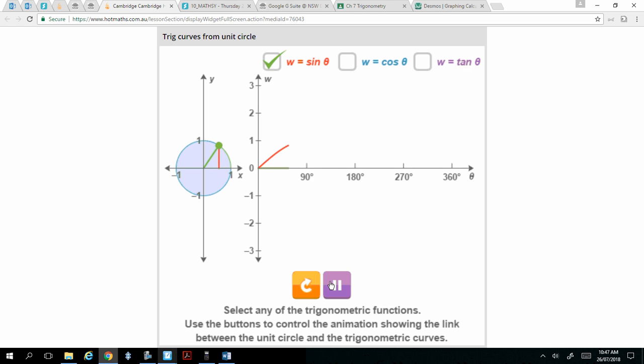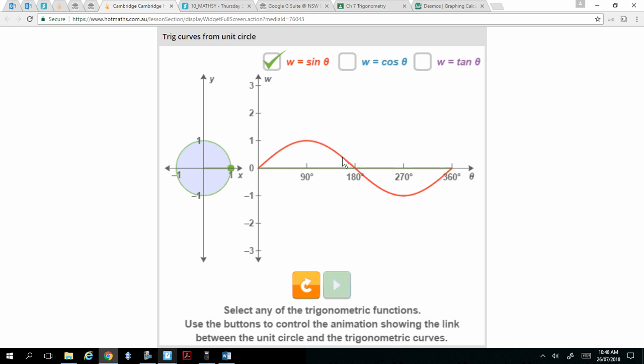The y value increases to 1, and then after that it starts to decrease again, right? And then after 180 degrees it becomes negative, right? Negative, gets very low, and then after that goes back to here again, and then the pattern repeats. So that's the sine graph, right?